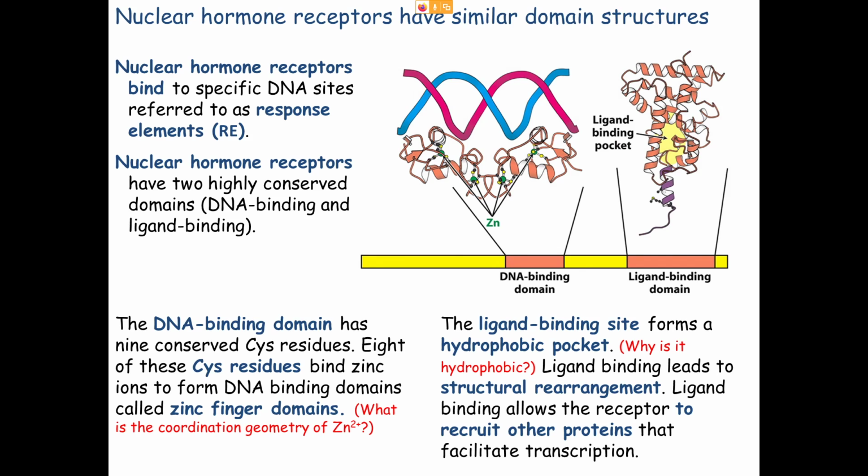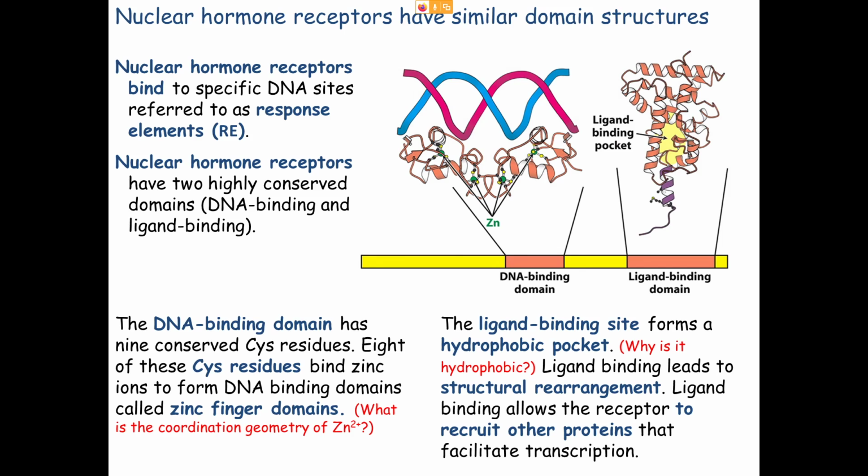So why is our ligand binding pocket lined with hydrophobic amino acids like leucines and lysine? Go ahead. I was going to say because it could interact with the hydrophobic steroid. Right. It's very specific about what hormone it interacts with.